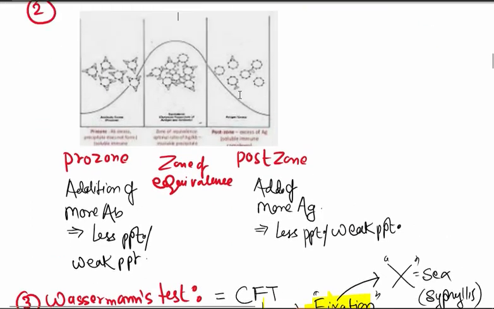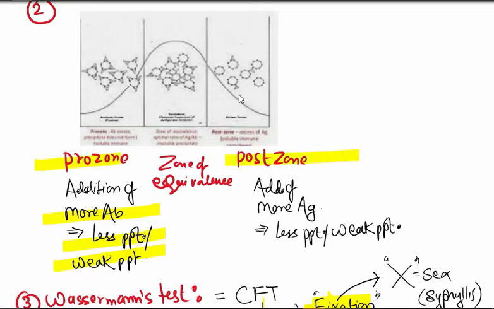Next one, the reaction between various concentrations of antigen and antibodies. So prozone, what is this? We will talk about antibodies first. If we are adding more antibodies, then there will be less or weak or almost no precipitation.